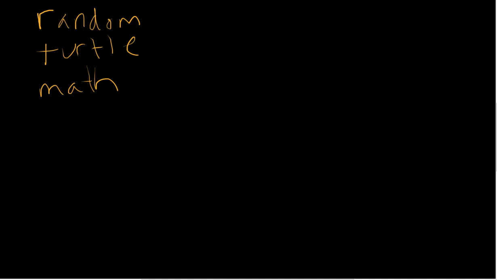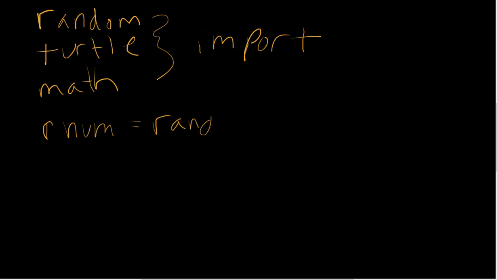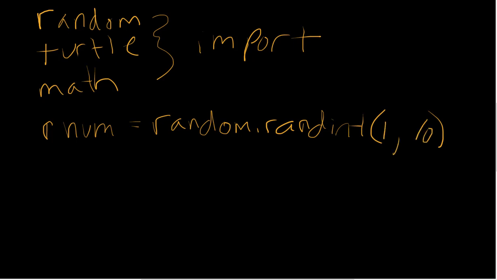So we import all of these, and then after we import them, we can use their methods. For instance, we might get our num by calling random.randint, and we have to send it 2 different parameters, a beginning value and an ending value.